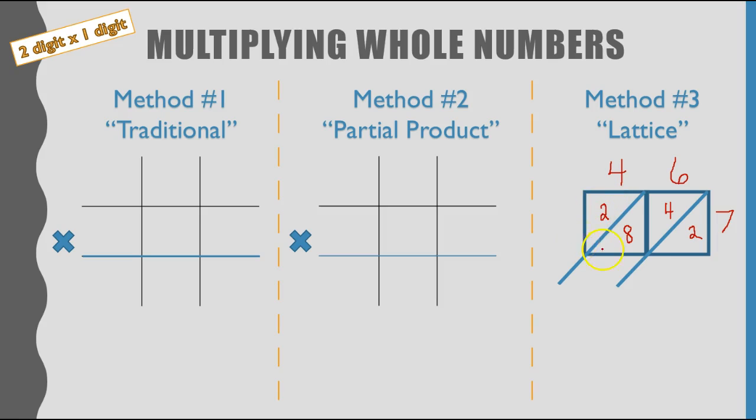So I'm going to start all the way to the right, and that's just 2. Then I have 8 plus 4 would be 12. I'm going to carry the 1 to this section, and then I'm going to add that section. 2 plus 1 is 3. And again, we get the same exact answer, 322.